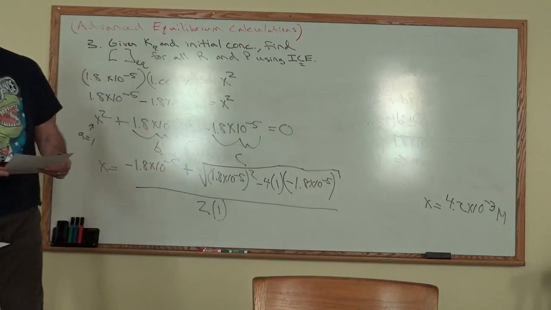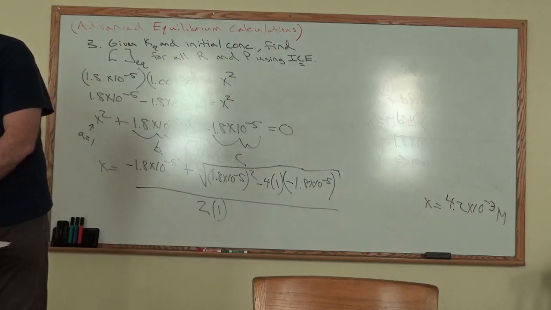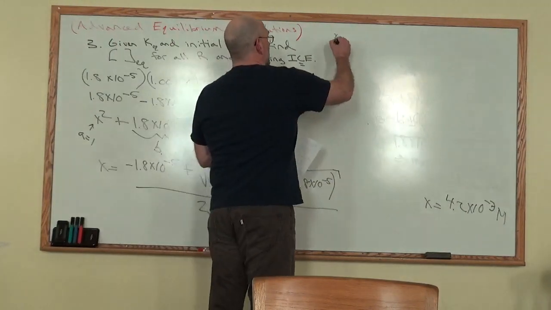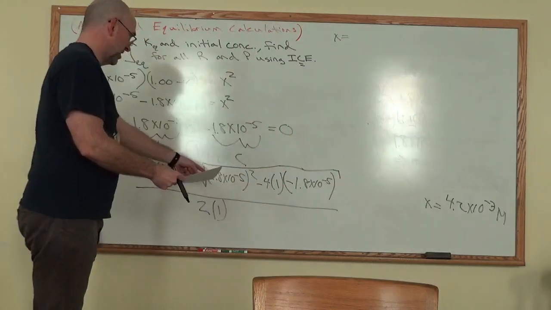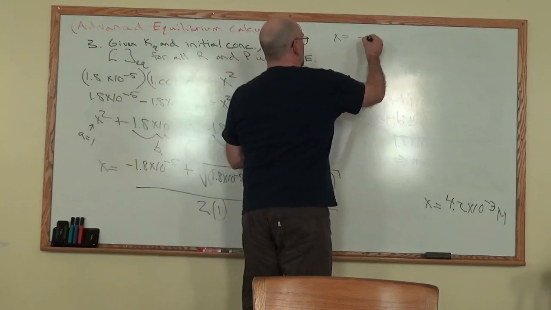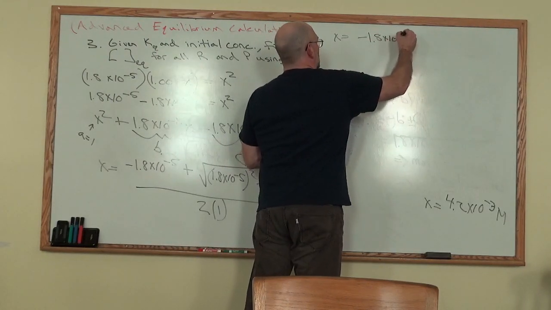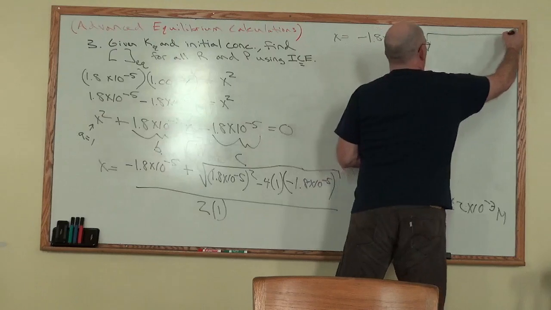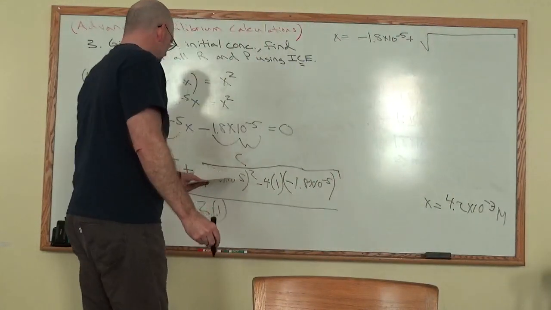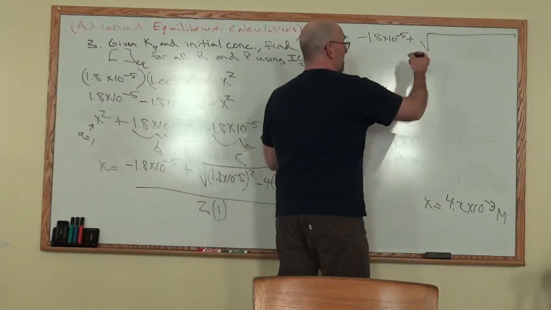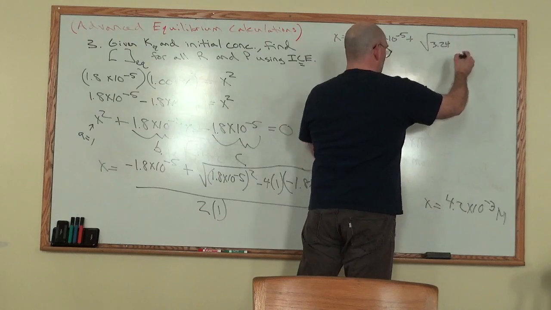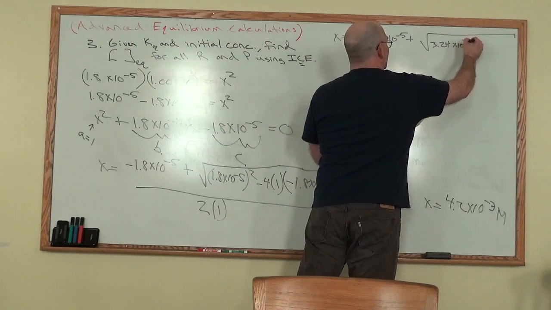I'll just do a few more steps if you need it. I don't think you need it, but this is a lot more detail than you probably need. So what am I going to do? I'm just going to do every step. So 1.8 times 10 to the minus fifth squared ends up being, I'm going to carry some extra sig figs, 3.24 times 10 to the minus 10th.